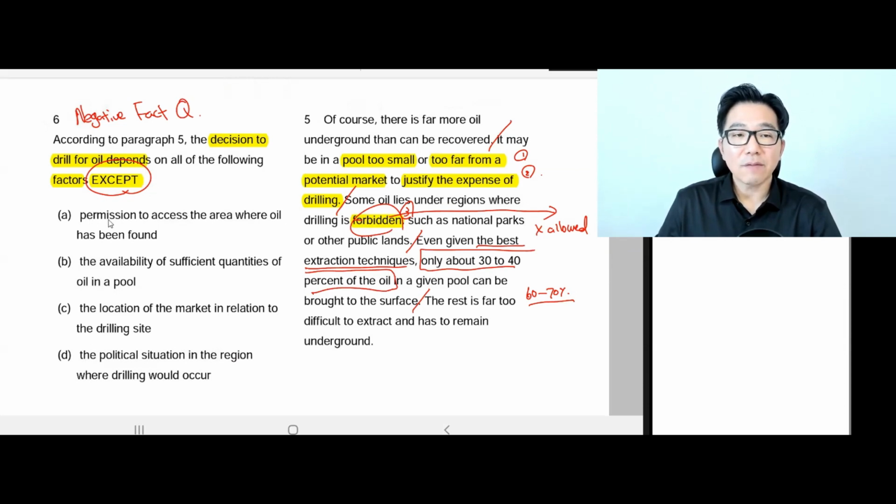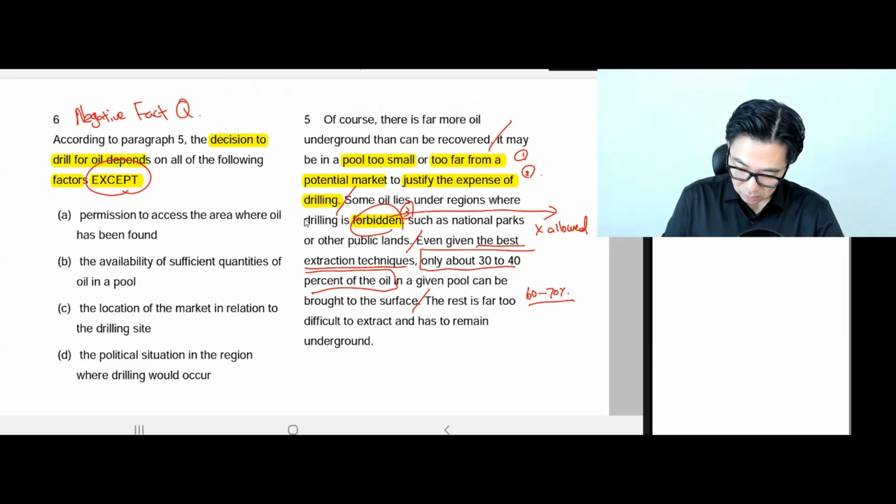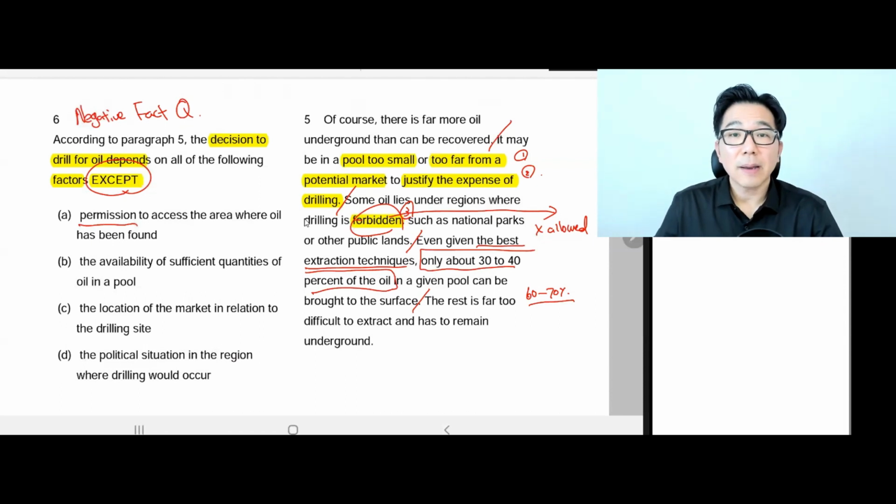If it's forbidden, you cannot. If it's not forbidden, then perhaps you can. So A is referring to this third factor here. It's a factor. It cannot be forbidden if you want to drill.